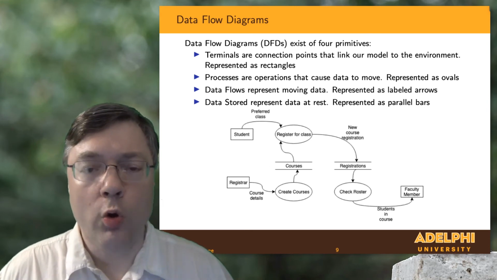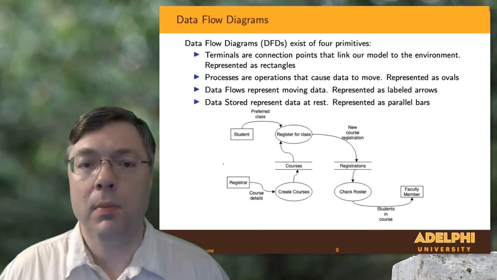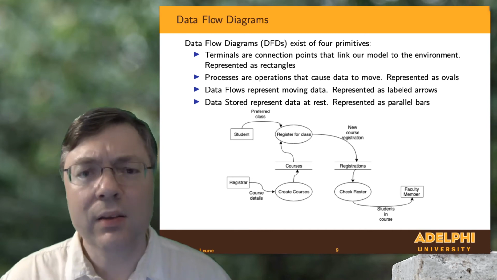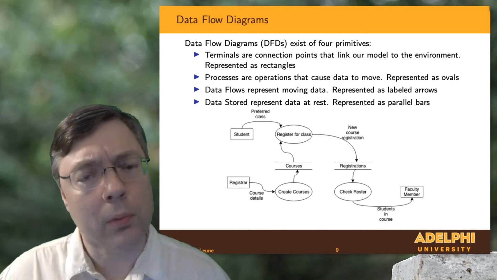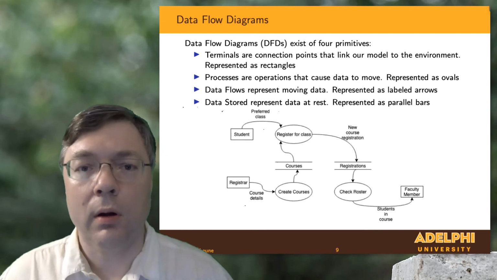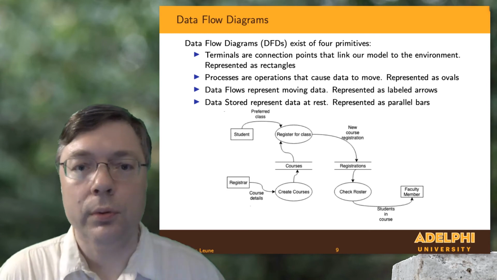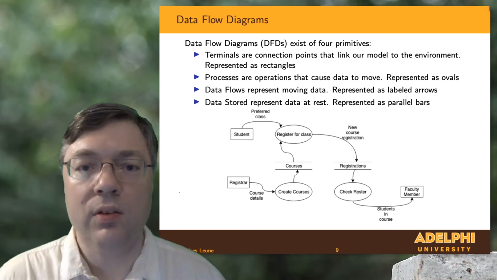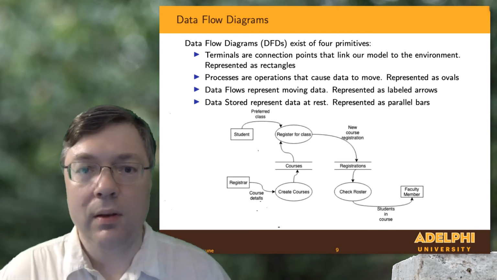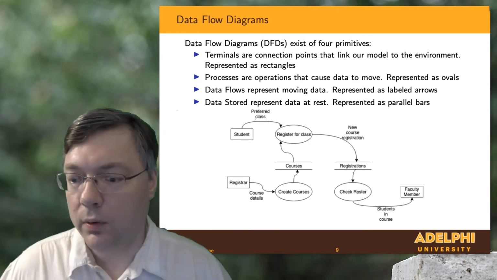The oval is a process, and a process is something that makes information move, at least from this perspective. Remember when we talked about modeling, we talked about the relevant aspects, and here we are modeling how data moves. Data cannot move unless a process makes it move. And that means that a process needs to have a name, otherwise I don't know what I'm talking about.